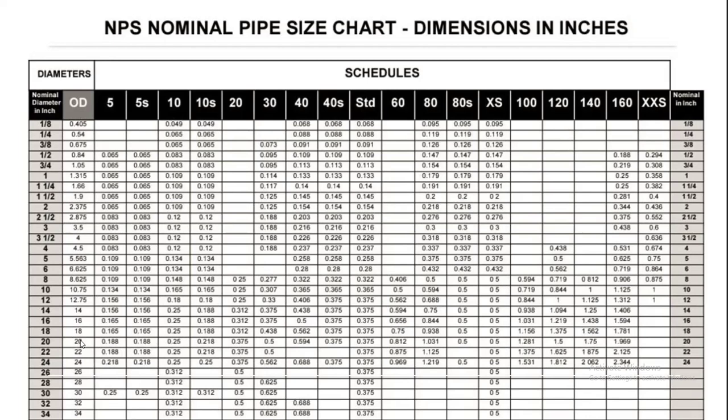So the outer diameter is 20, the thickness is 0.25. You should note that from 14 inches going outwards, NPS, nominal pipe size, is the same as the outer diameter, which is not true for anything from 1/8 up to 12. So you should take note of that.